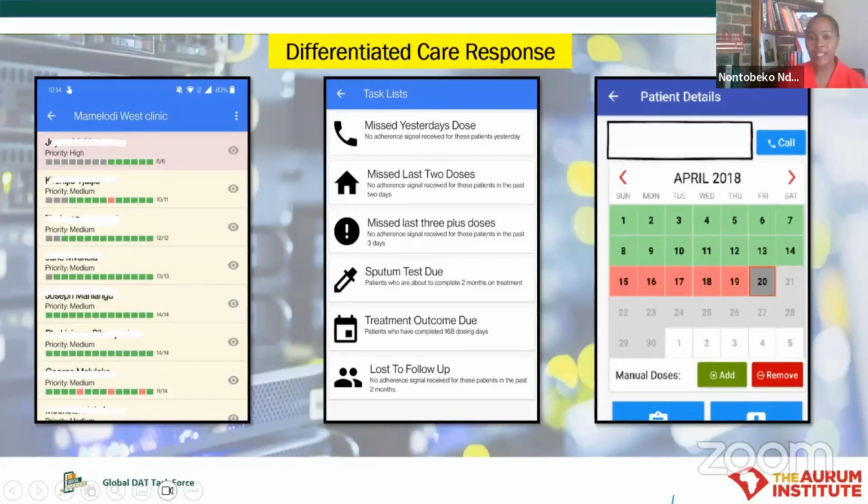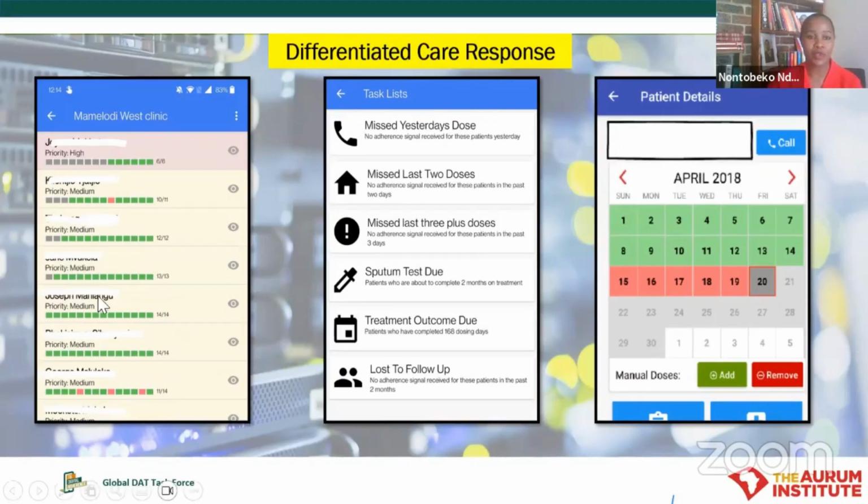So looking at the different technologies, we found that the platform that we used was really user-friendly to the end user. And this screen just shows how the platform made the work of the healthcare provider much easier.